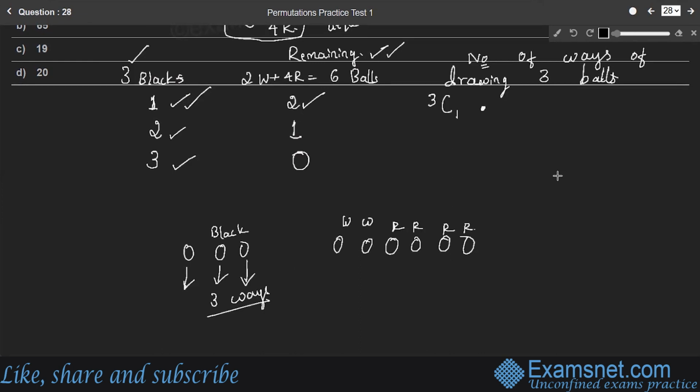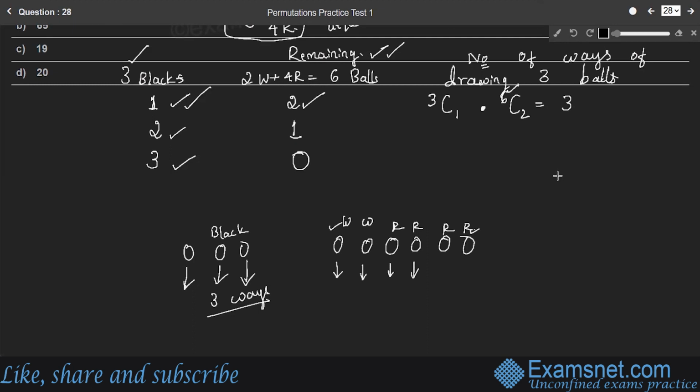So for drawing 2 balls, it could be 1 white and 1 red, or both white balls, or both red balls. There are many ways of drawing 2 balls from the remaining balls, which is 6C2, where 6 is the total number of remaining balls and C2 means we draw 2 balls. 3C1 is nothing but 3 itself, factorial 3 divided by 1 factorial into 2 factorial, so the 2 factorial part gets cancelled.